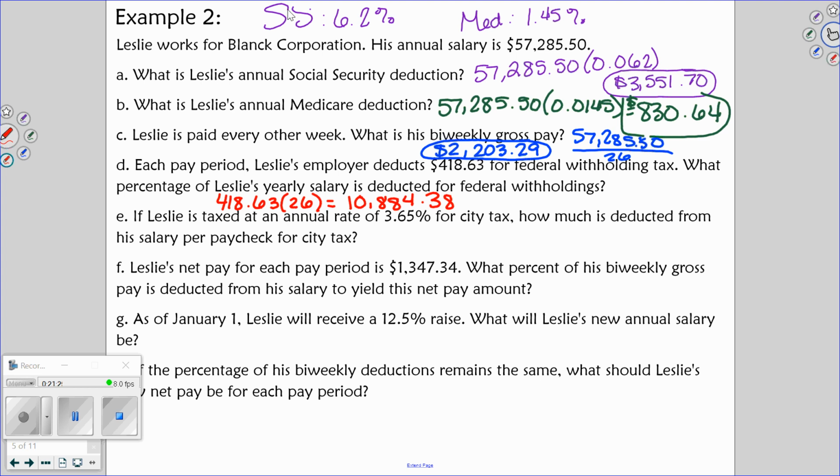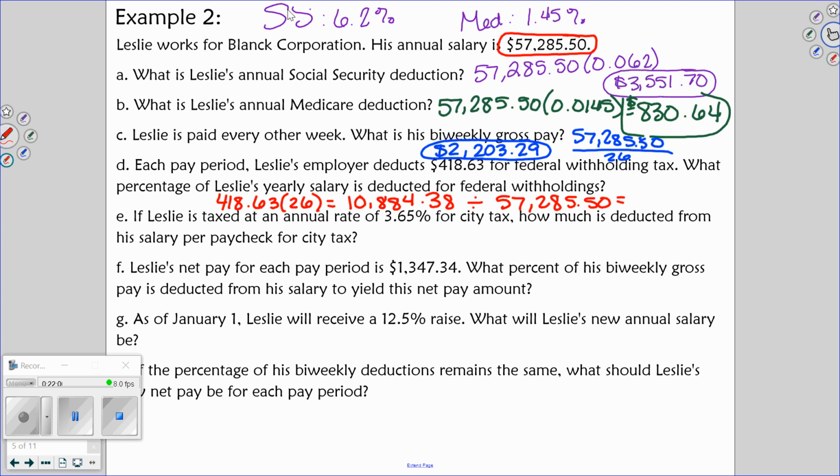But it wants to know the percentage. What percentage is that of the yearly salary? So what do I do with that number? That's how much is being taken out for federal tax for the year. There it is. Divide that by how much he makes for the year. Because I want to know what percent of that is of his salary. So we're going to divide that by 57,285.50.